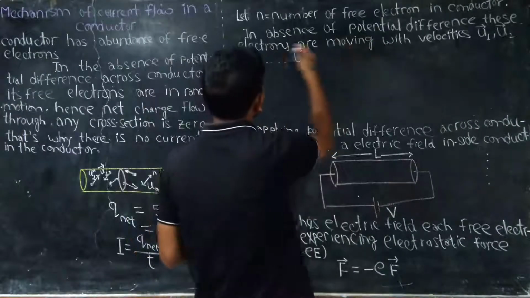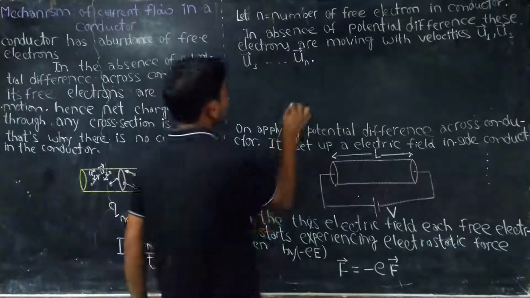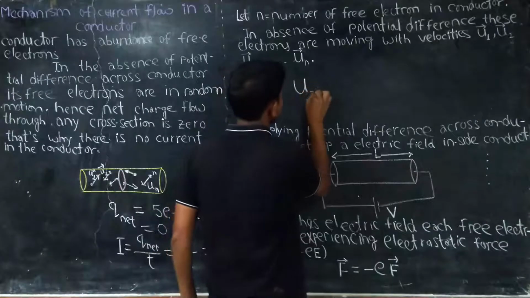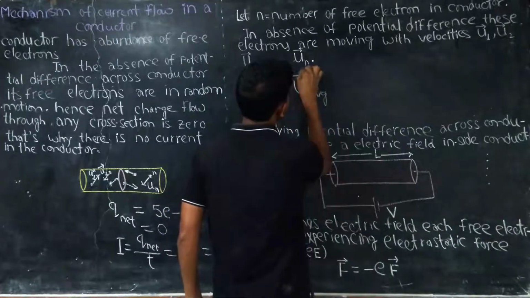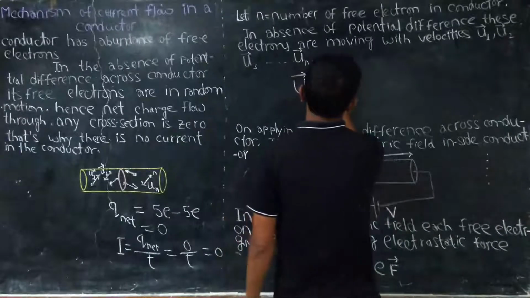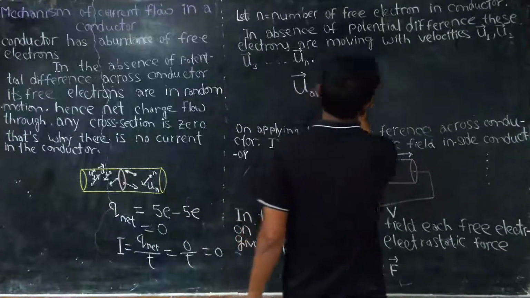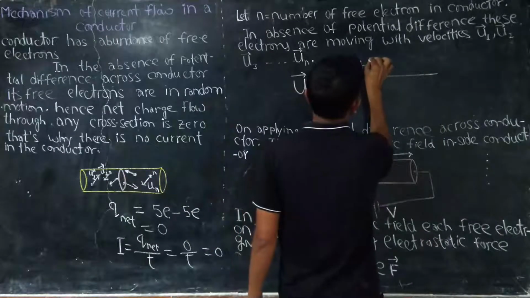I wrote everything here, so just copy it down. Here we can write v average of the electrons will be 0, because the electrons are in random motion. Further we can write u average.